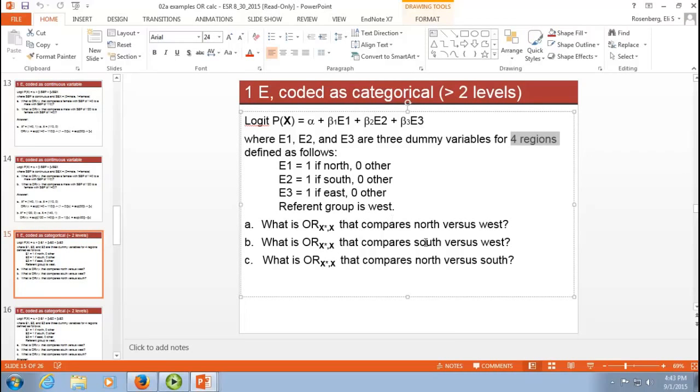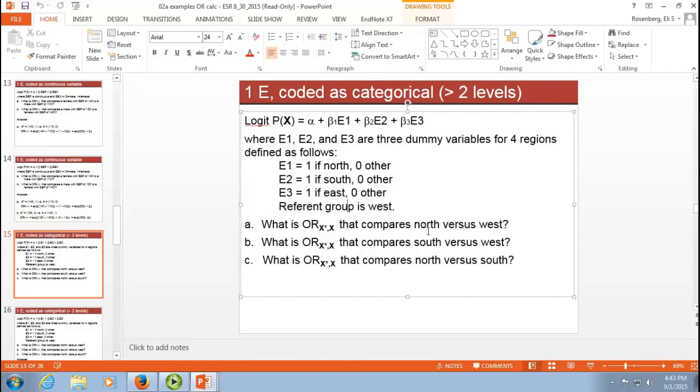And now the odds ratio is complicated in that there are 3 odds ratios that have a single referent group. Imagine if you coded your dummy variables this way: E1 is 1 if north, 0 otherwise; likewise for south and east. The reference group would be west. So we have 3 dummy variables for a 4-level exposure. The reference is where they're all 0, and that's west.